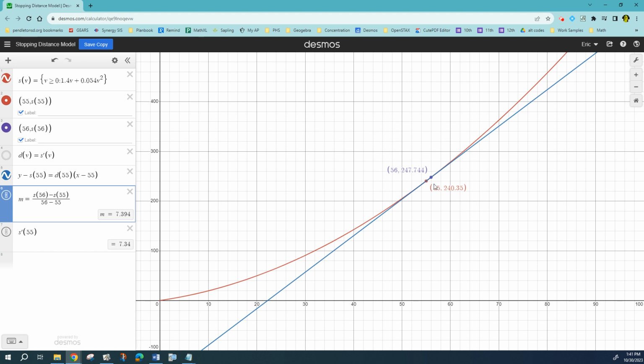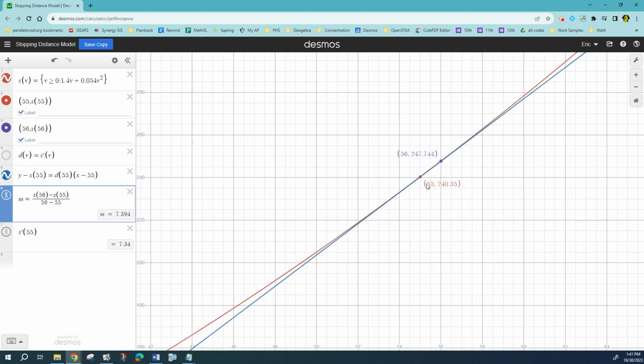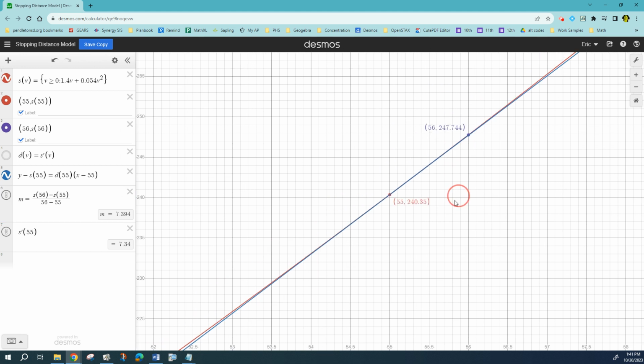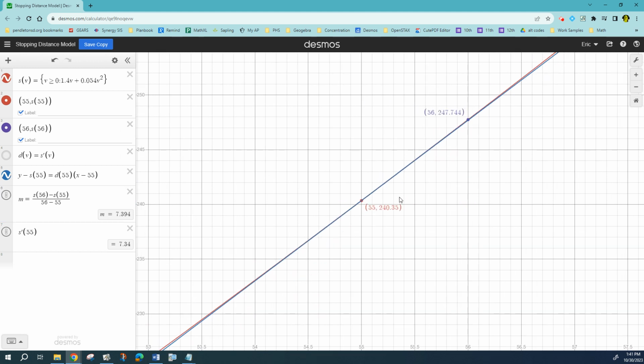I want you to see something here. If I zoom in on that, when they described the derivative as the additional amount that the stopping distance would change for a 1 mile per hour increase in speed, we can show that that's not totally correct.